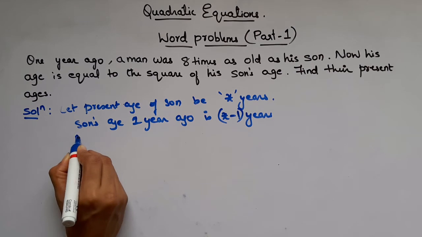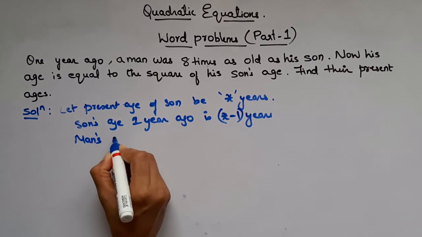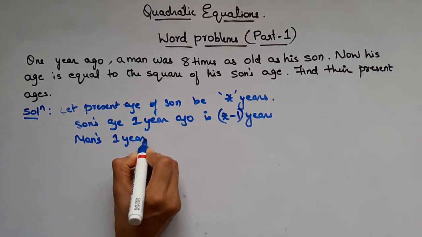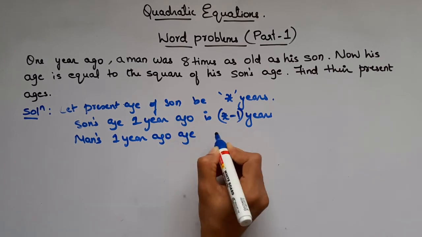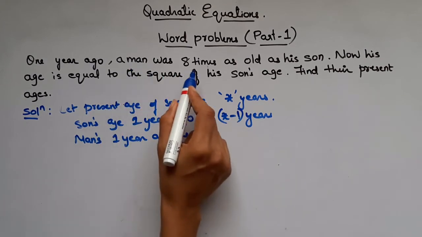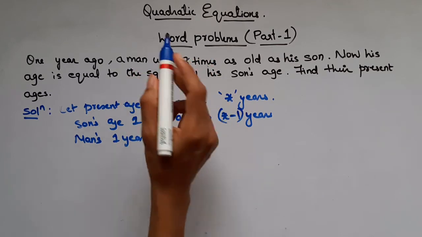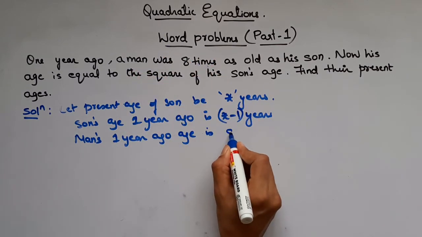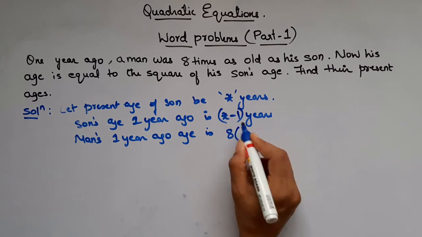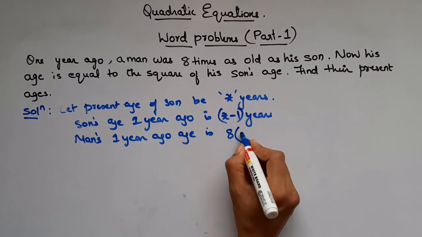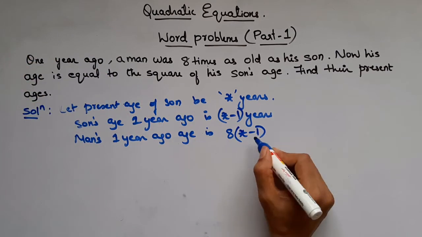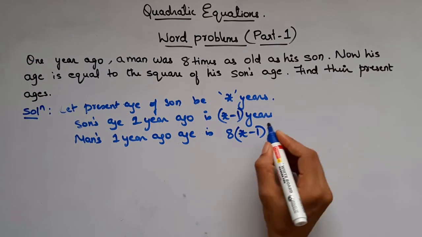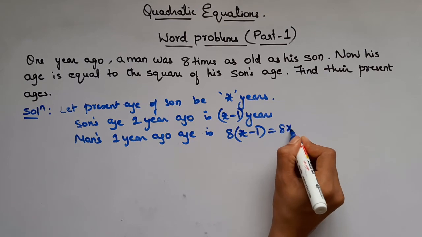So man's age 1 year ago is 8 times the age of son 1 year ago, which is x minus 1. They are talking about 1 year ago, which is nothing but 8x minus 8 years.